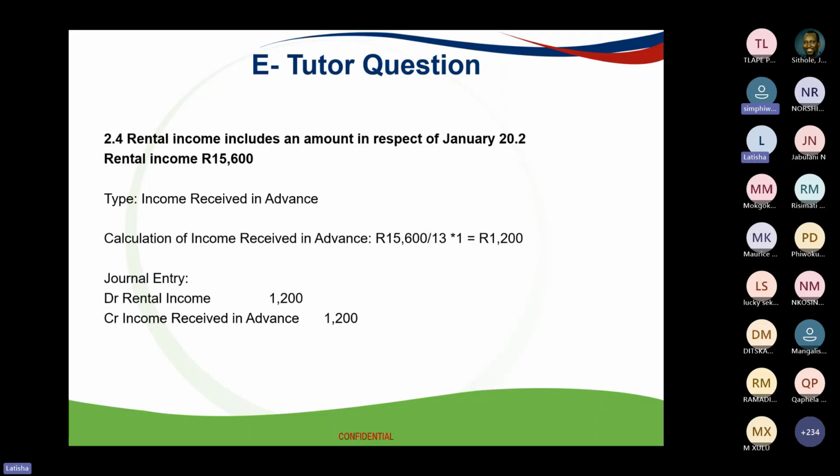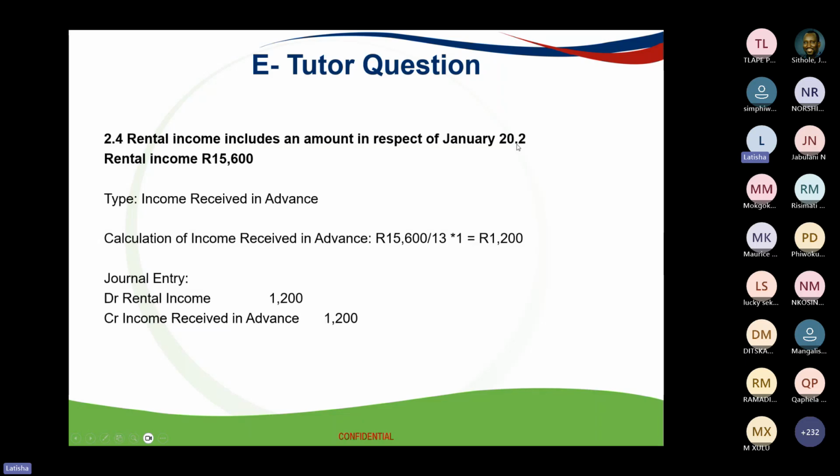Okay, sure. So here in this one, they tell us that the rental income that's recorded in our trial balance, which is 15,600. So in our pre-trial balance, it says rental income of 15,600. It's telling us here that it includes an amount paid for January 20.2. So that is the next year.